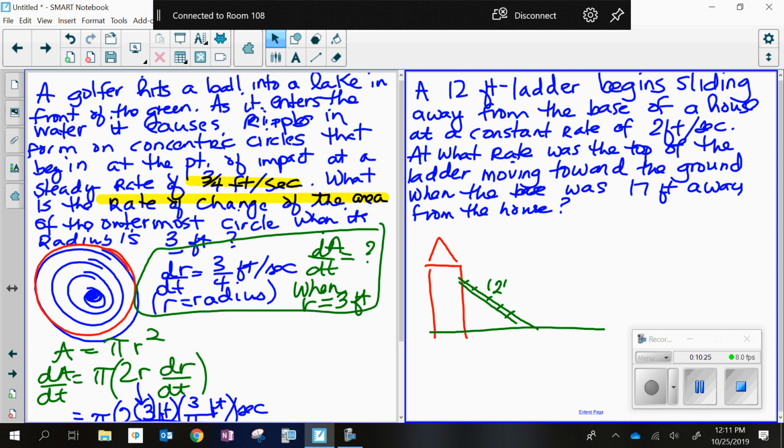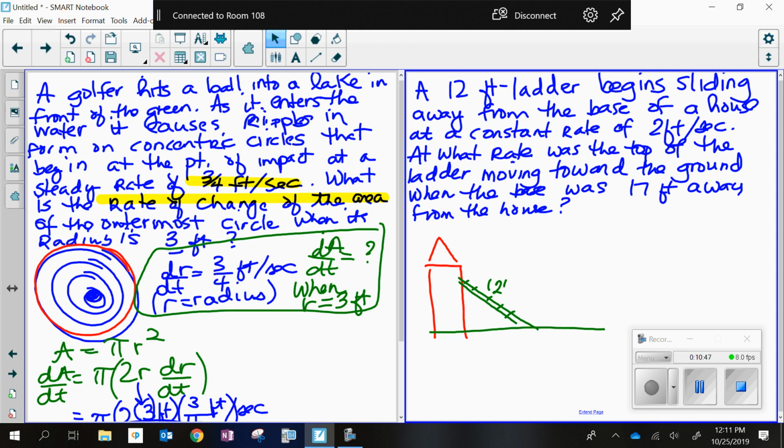It's not. Yes? Isn't the hypotenuse supposed to be a 1? So if it's 17 feet away. Just wait. Eventually it'll get right. Okay, so 12.